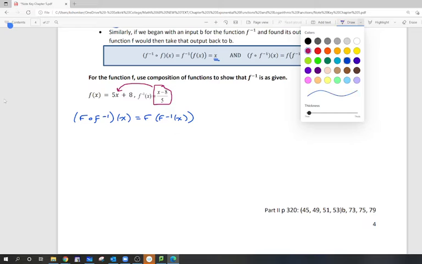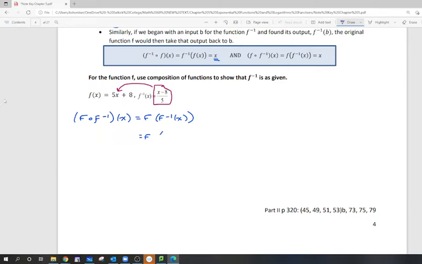So we are going to be taking the (x minus 8) over 5 and plugging it in for x in the original function. The original function is 5 times x plus 8. And in for x, we are going to put (x minus 8) over 5.